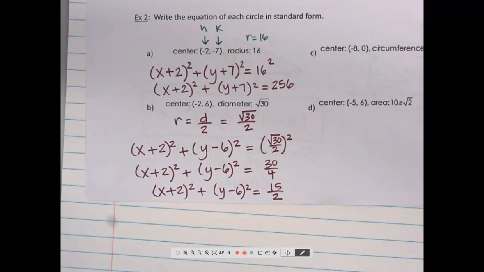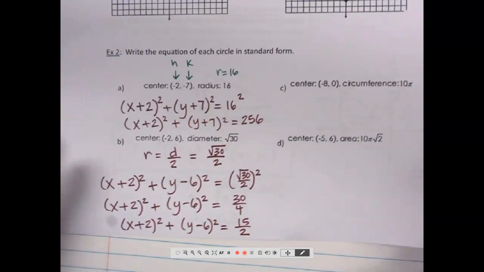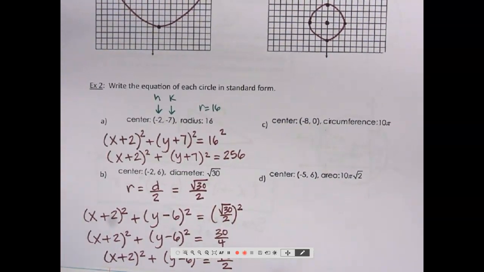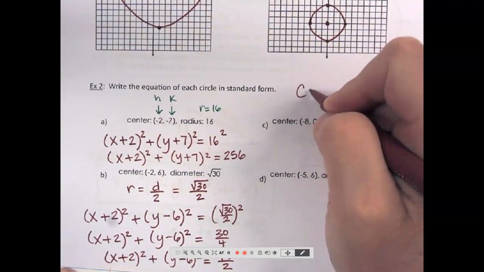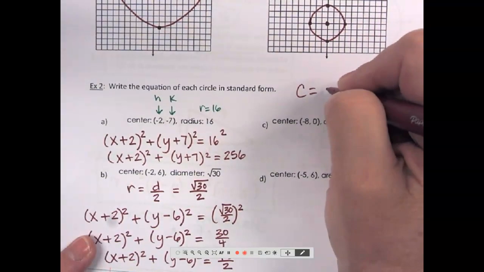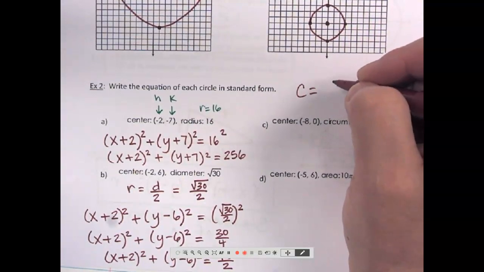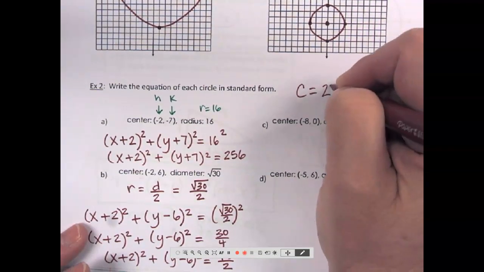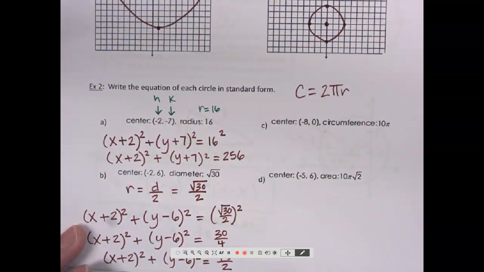All right, let's jump back up to C. Okay, so I gave you the center point, but I gave you the circumference of the circle. Okay, dig in that brain. What is the formula for circumference of a circle? 2 pi r. Nice. Sometimes people say pi times diameter because 2 times radius is diameter. I personally like 2 pi r.